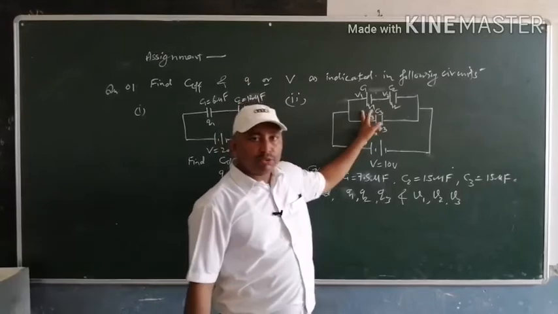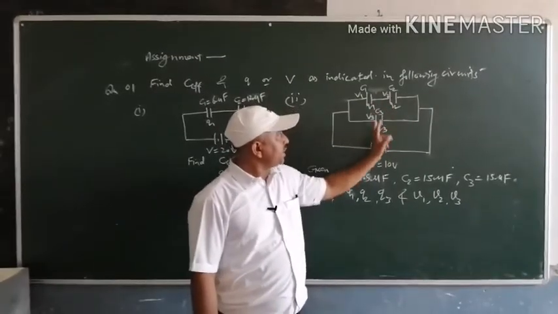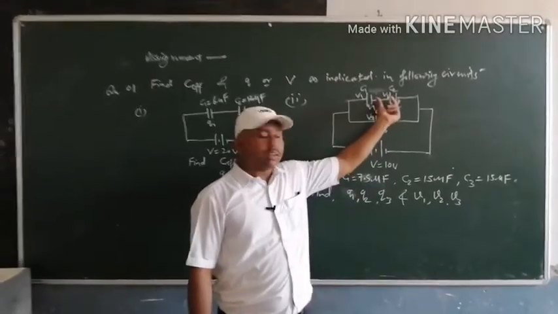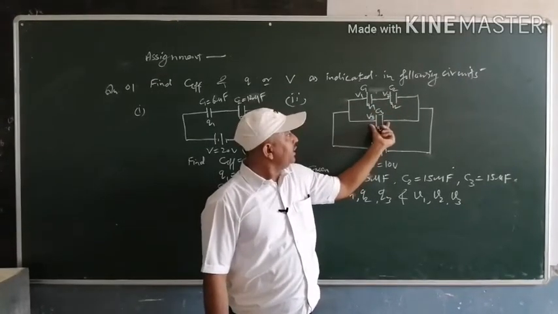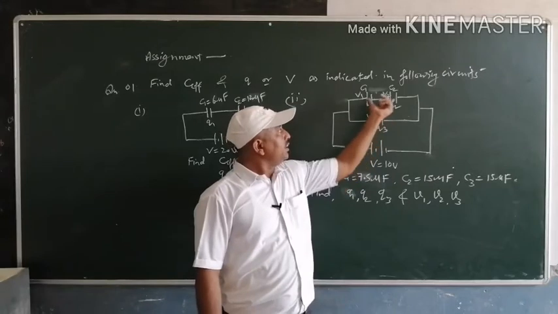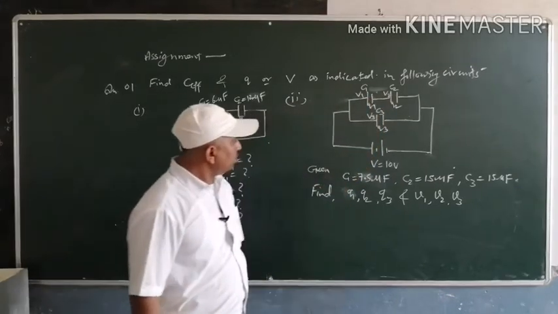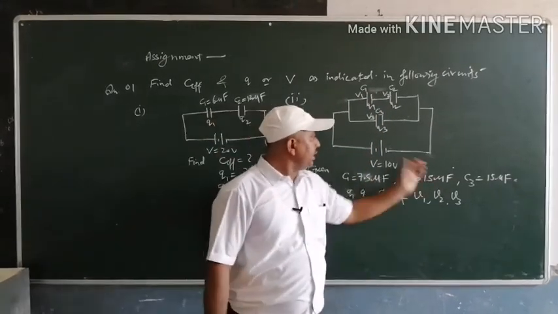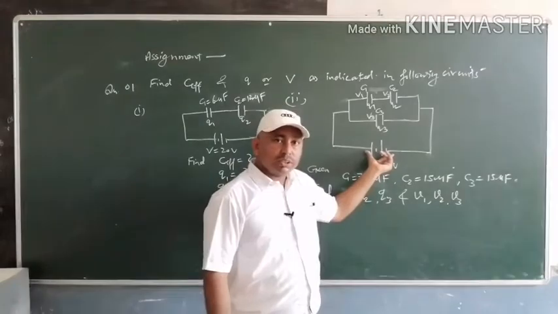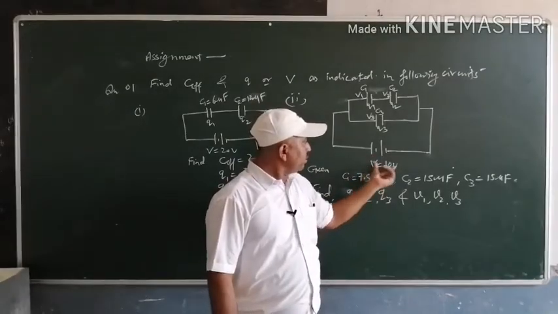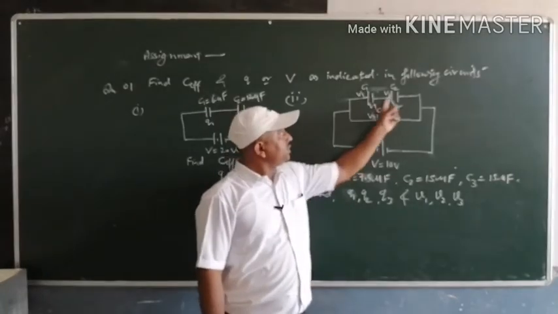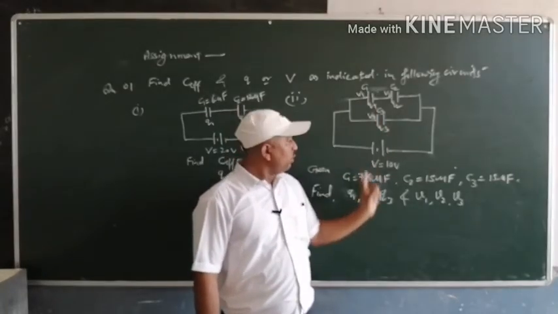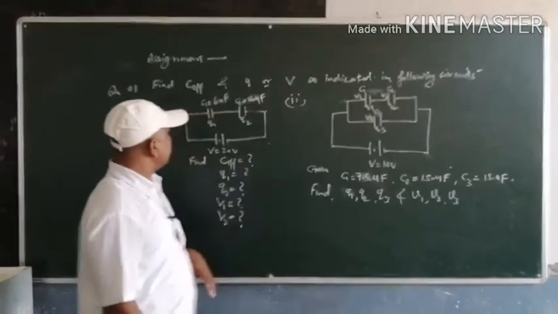In the second question, there are three capacitors in which two are combined in series and the third one is combined in parallel with these two. If C1, C2, C3 and a battery source of potential V equal to 10 volt are given, then what will be the charge stored across these capacitors and what will be the net effective capacitance?